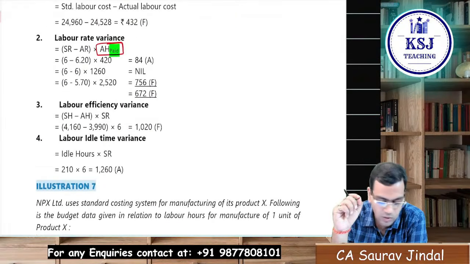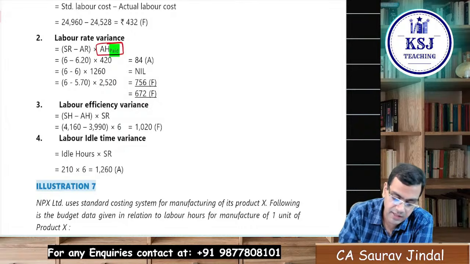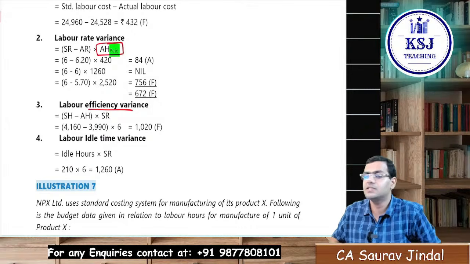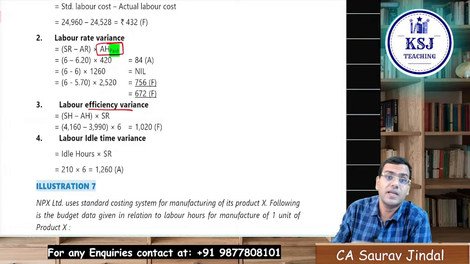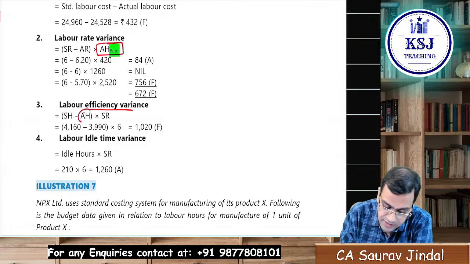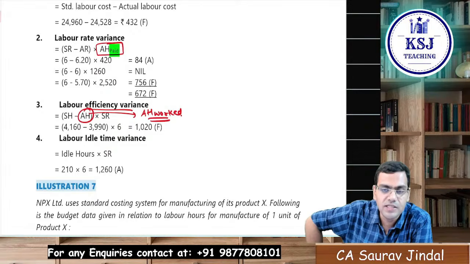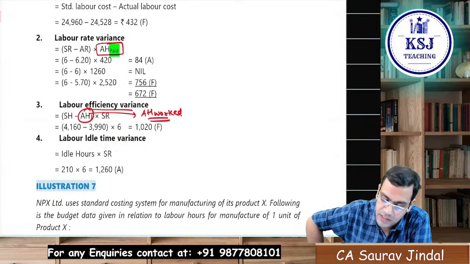Now, when you calculate the efficiency variance, efficiency is dependent upon the working of the employee. So here the actual hours is actual hours worked. In case of efficiency variance, we can take anything, paid also and worked also.